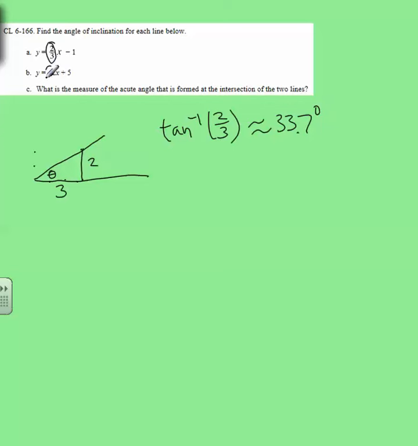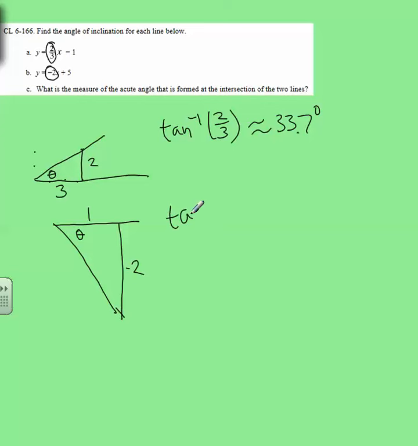When we work on the second one, it's a negative slope. So here is ground, 0. A negative slope goes somewhat like this. And that slope is -2, so it's down 2 and over 1. So I can call this 1 and this 2. So we're looking for an angle that's got a tangent of -2.